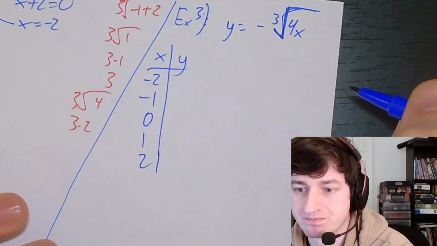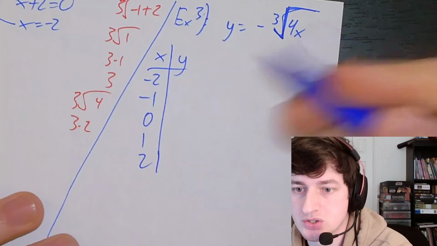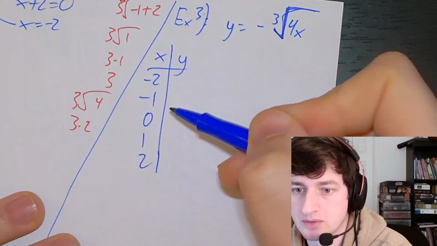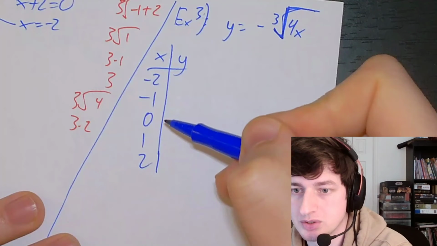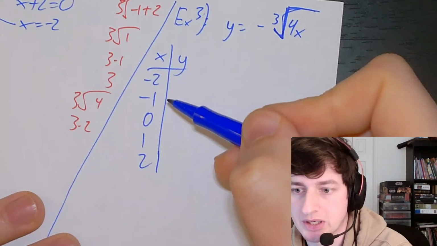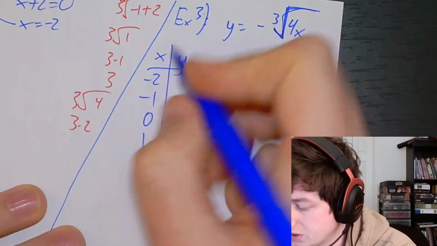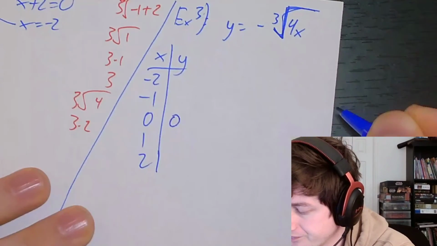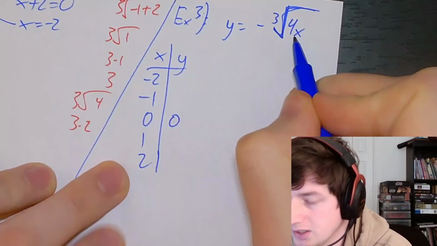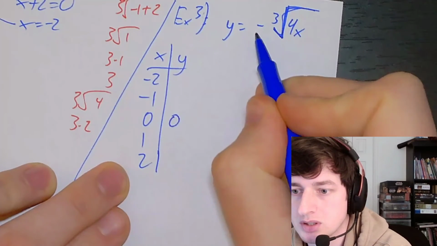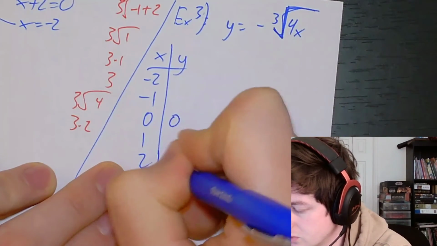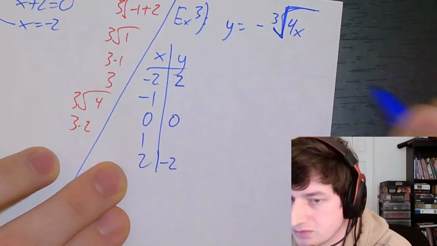Okay. These are all, well, 0 will give a whole number and then the 2's will, but the 1's will not because we're going to get a cube root of 4. So for 0, it's just 0 again. For 2, you get 8, so it's negative the cube root of 8. So this is -2, and this one's going to be +2.